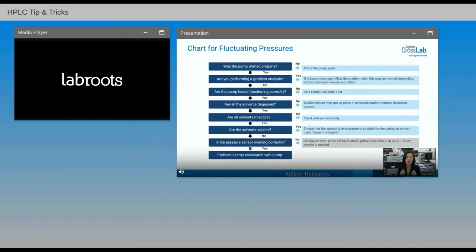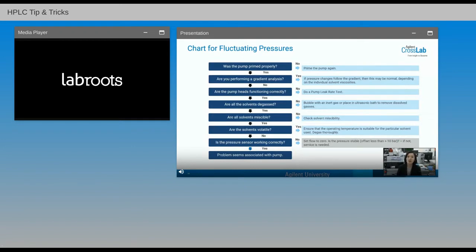But if it's no, then the next question you need to ask yourself is, are the pump heads functioning correctly? If it's not functioning correctly, then you need to do things like a leak test. Usually, to find out whether the system is okay, besides looking at pressure, we can also perform some diagnostic tests, including the pump leak test or pressure test.